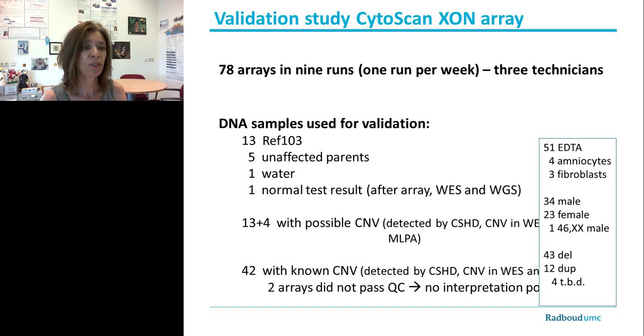We not only used DNA from EDTA blood, but also from amniocytes as well as fibroblasts. We had 34 male samples, 23 female samples, and 1 sample from a 46XX male. 43 deletions were included, and 12 gains, and 4 CNVs that needed to be validated by another test.